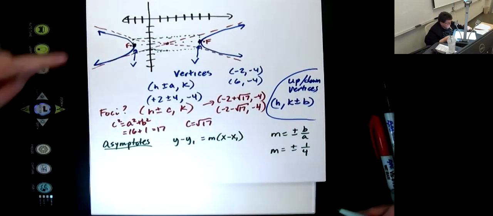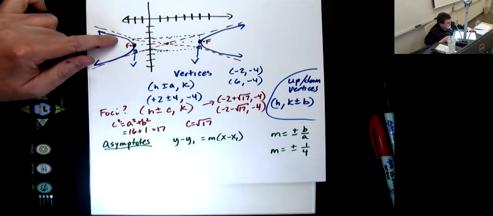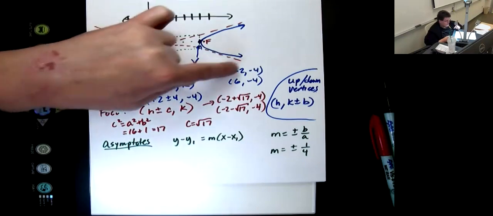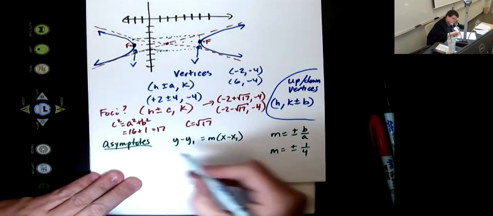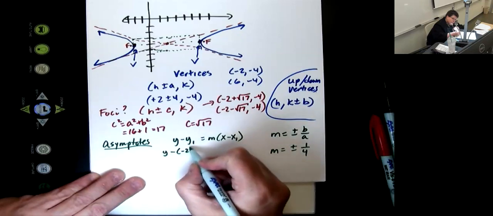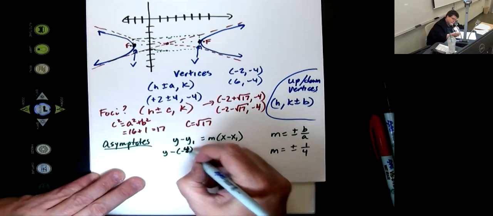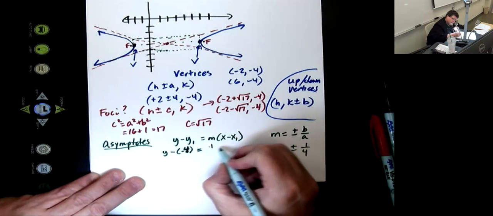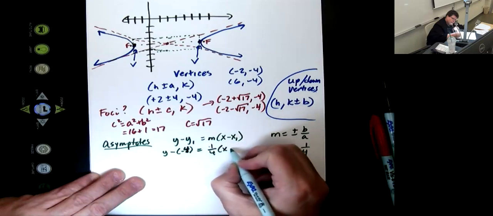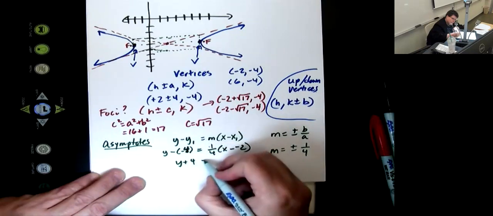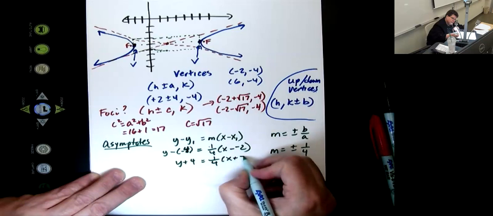Now you just have to pick a vertex, not the center. The center is not on the graph. We have one up here, -2, -4. So you can do y minus -4 equals 1/4 times x minus -2, which ends up being y plus 4 equals 1/4 times x plus 2.